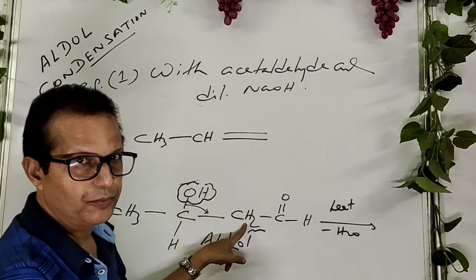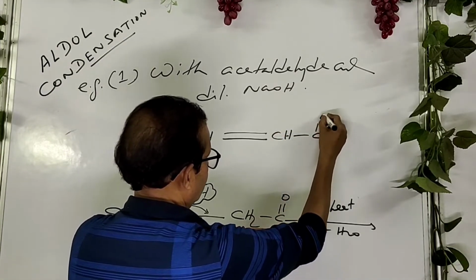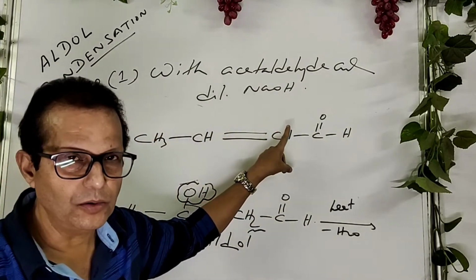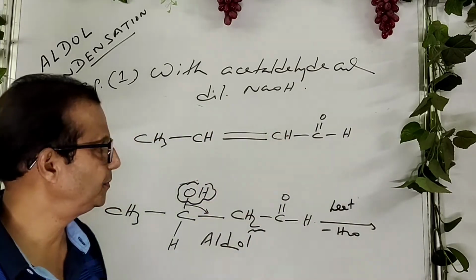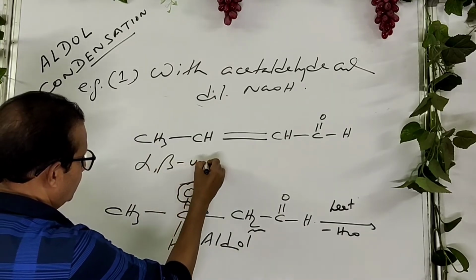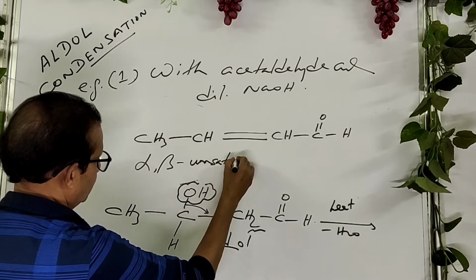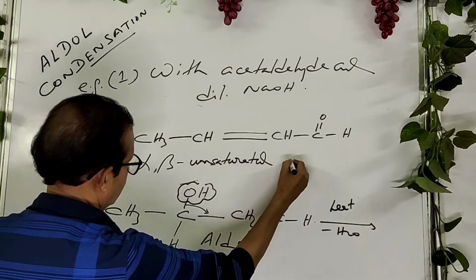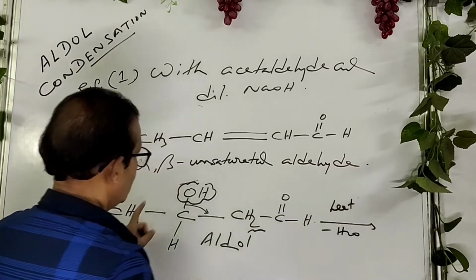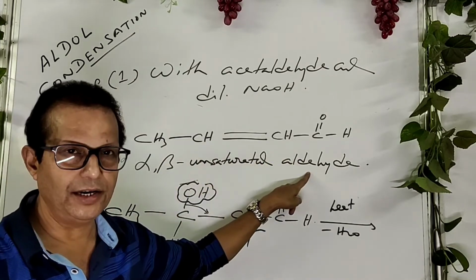One hydrogen is removed from here. This type of compound is called, so this is the entrance question you get, an alpha beta unsaturated aldehyde.